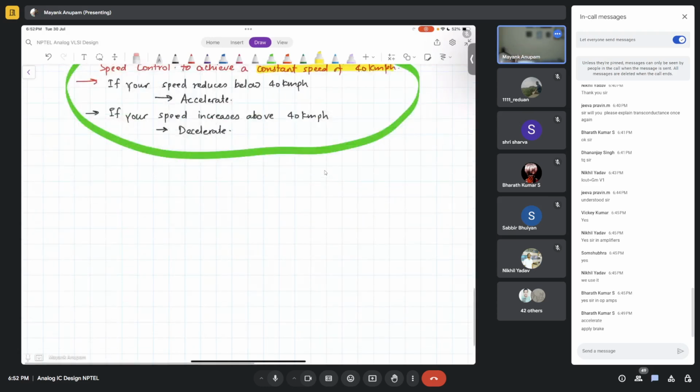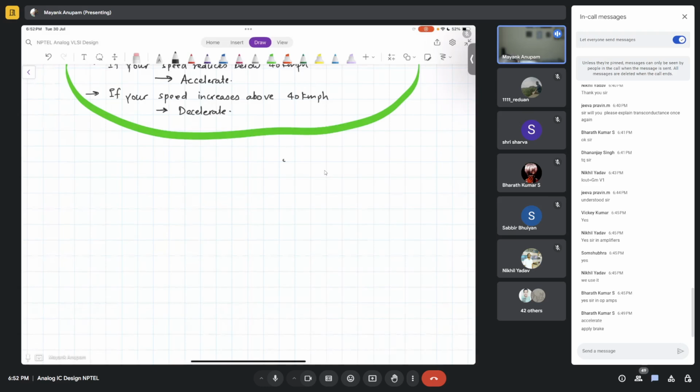So if you want to write it, you have an output speed, right? You are observing this using a sensor, correct? Let's say this is your sensor, the speedometer.